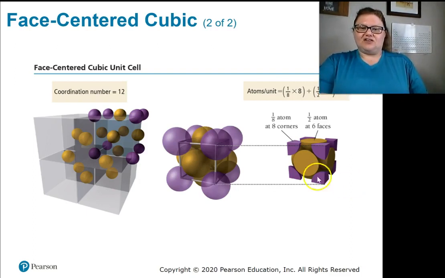And so in this case, we have our 1/8 again from each corner, but then a half of an atom of every 6 faces. If we add those together, we get 4 total atoms represented in a face-centered cubic unit cell.